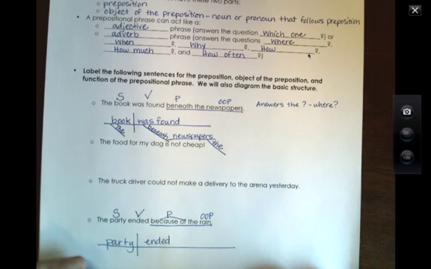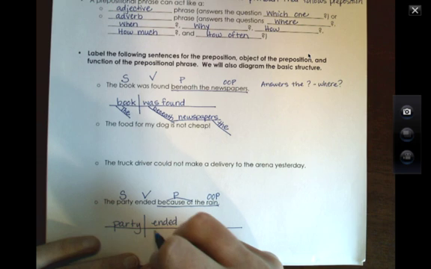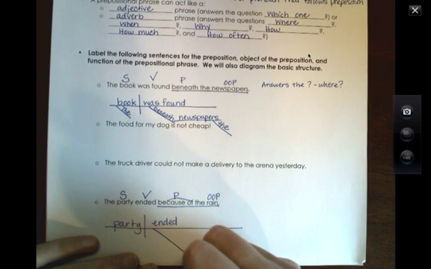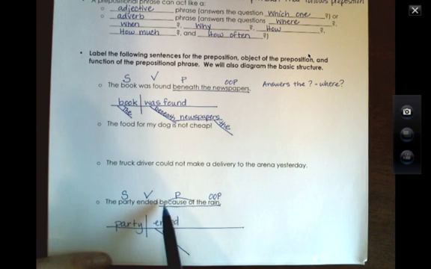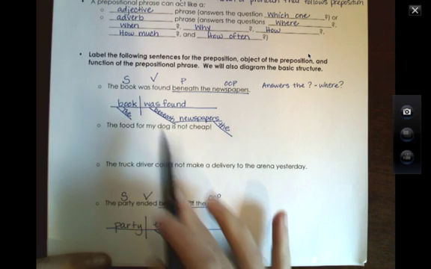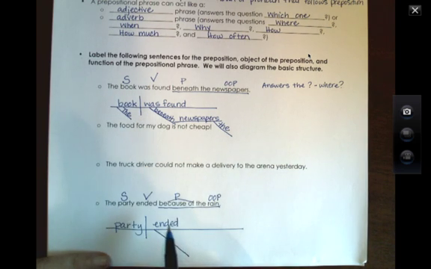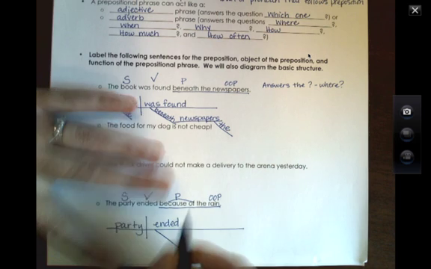So, again, just like before, your preposition goes on a slanted line. And because this is special, we've got our compound preposition, not just one word like beneath. Because of is going to go on the same line because it's functioning as one preposition, not two different ones.